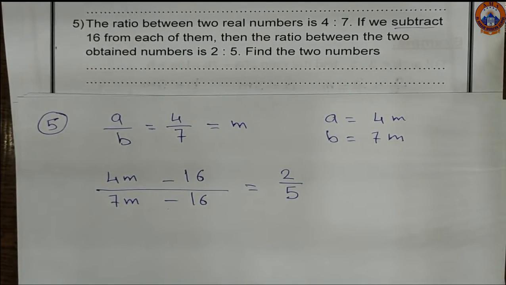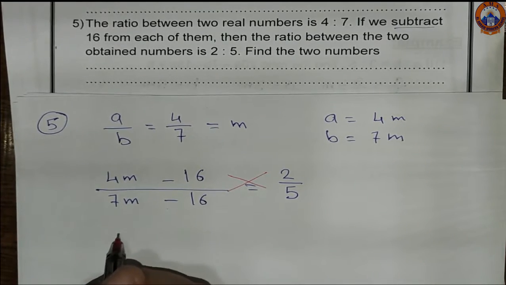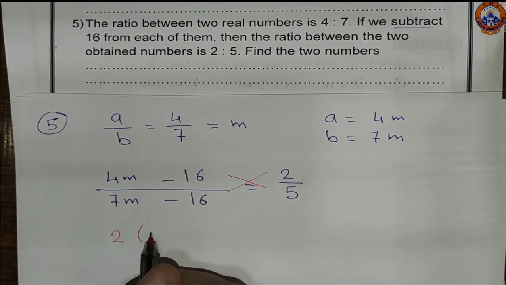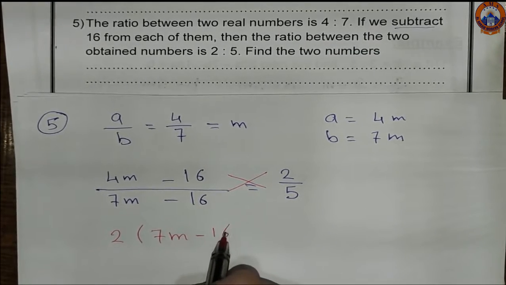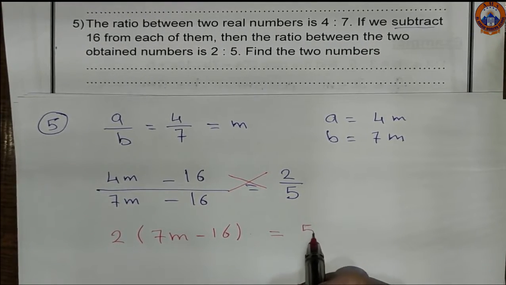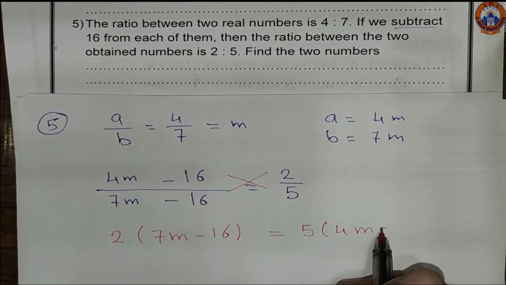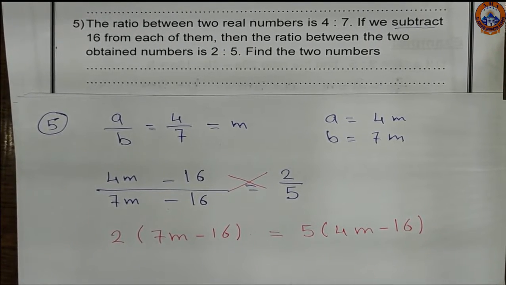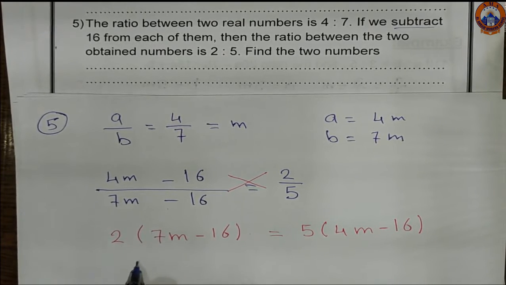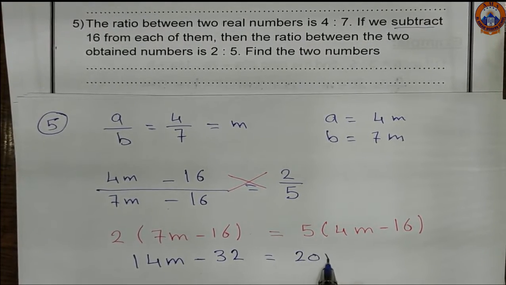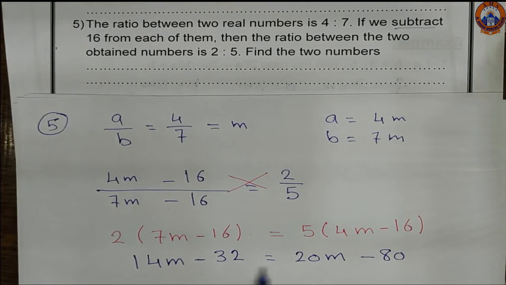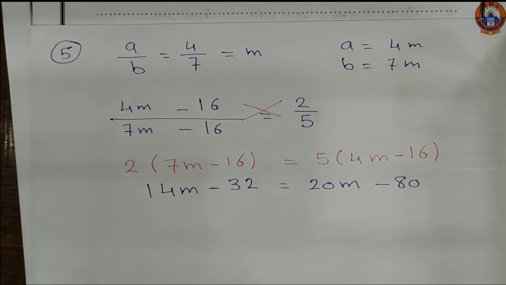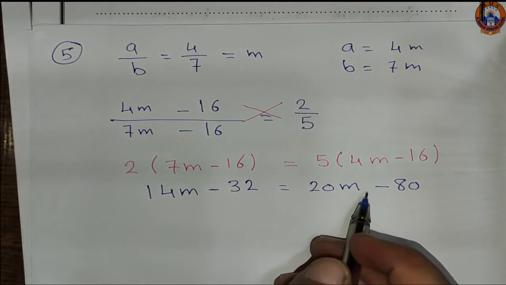By making a cross multiplication, we have 2 multiplied by 7m minus 16, which equals 5 multiplied by 4m minus 16. 2 times 7 is 14m, minus 2 times 16 is 32, and 5 times 4 is 20m, and 5 times 16 is 80. We're going to put the m on one side and the numbers on the other side.